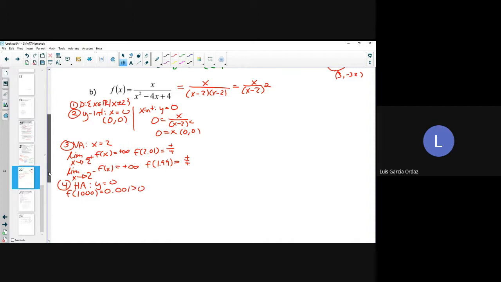So if 0.001 is bigger than 0, is my graph approaching my horizontal asymptote from above or below? Above.